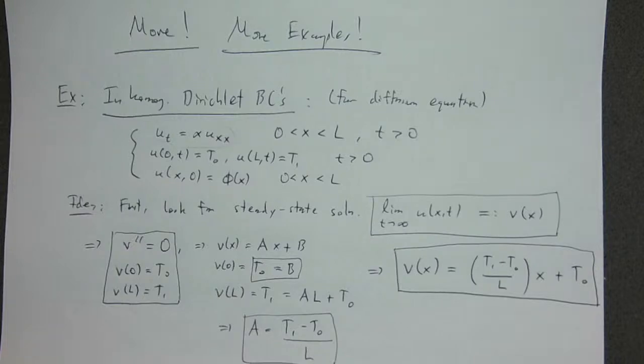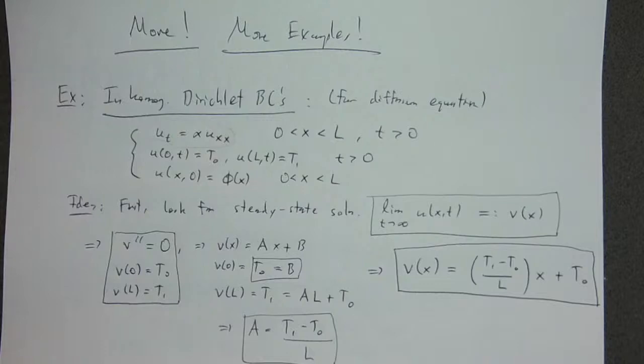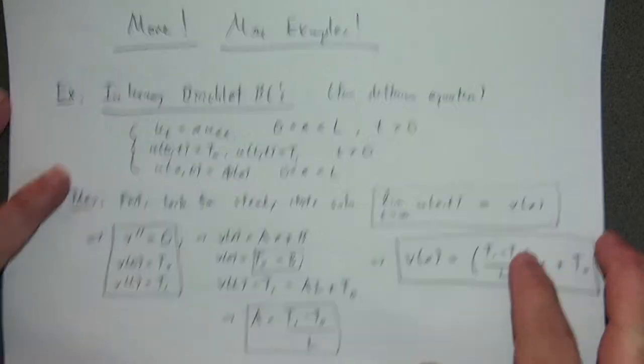And so what does the steady state solution tend to? What does our solution to this tend to as t goes to infinity? It tends to a linear interpolation between the two temperatures, T naught and T1.